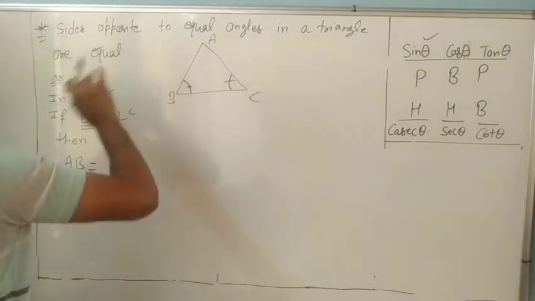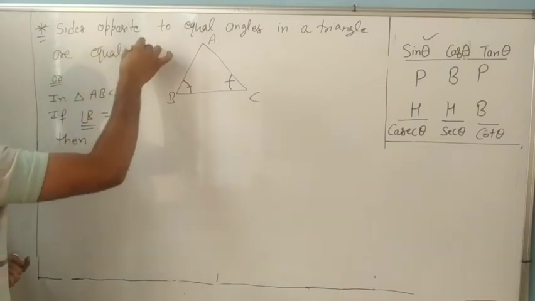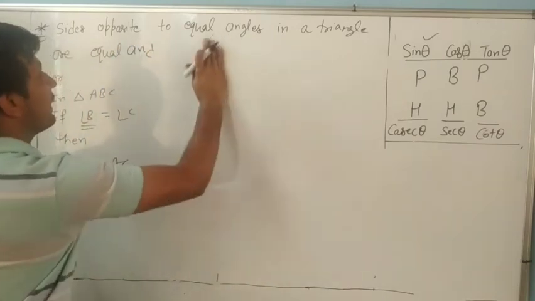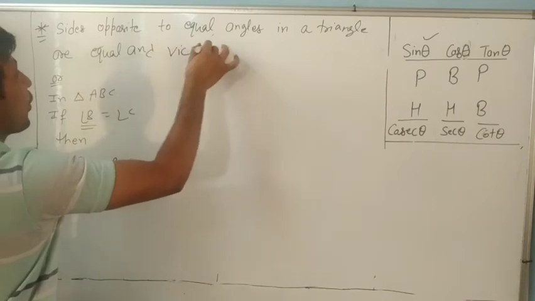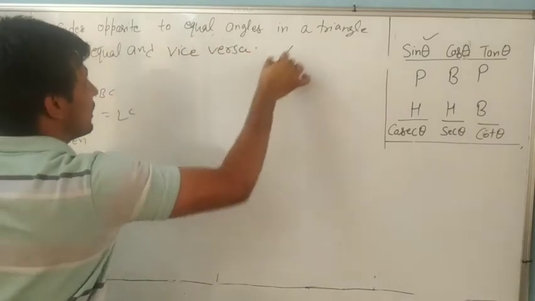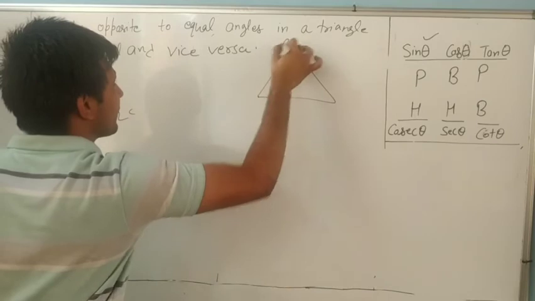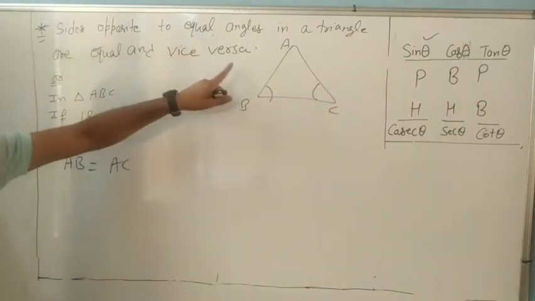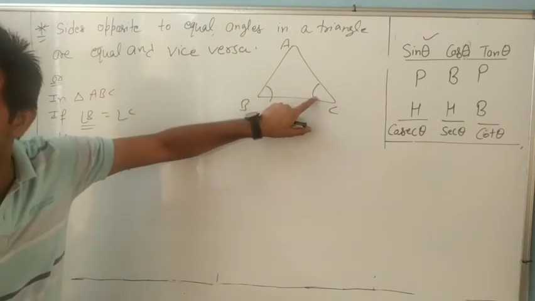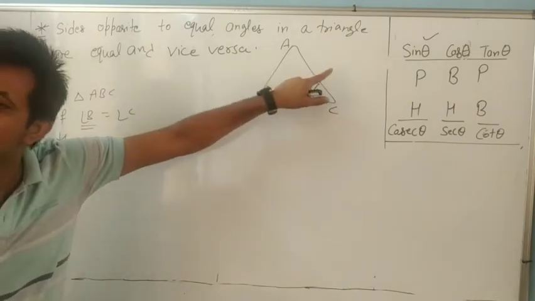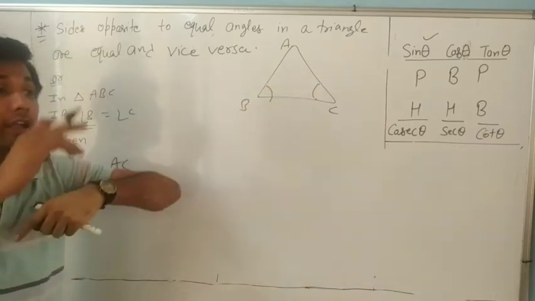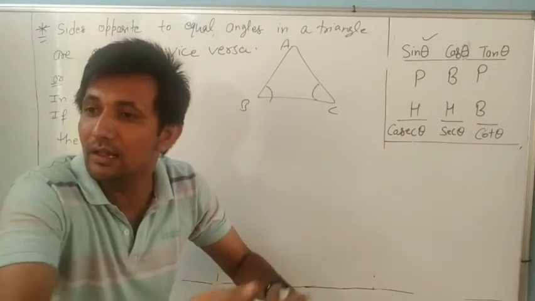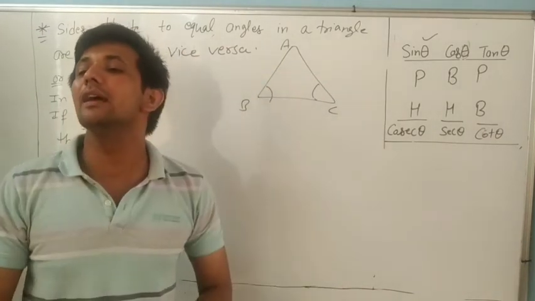And one more phrase you can use here: vice versa. Vice versa means if angles are equal, then opposite sides are equal, and if sides are equal, then their opposite angles are equal.